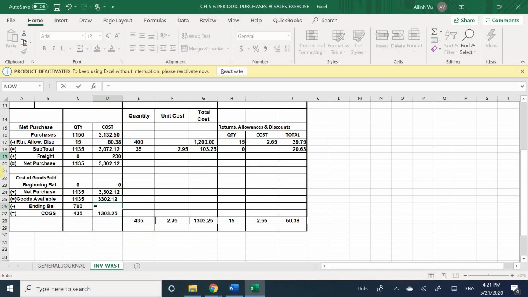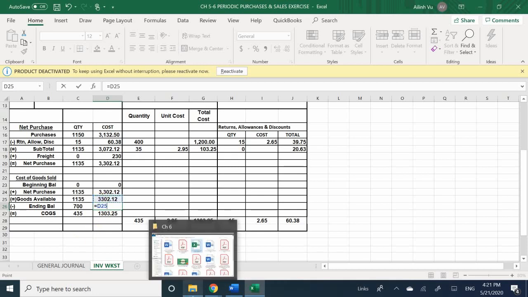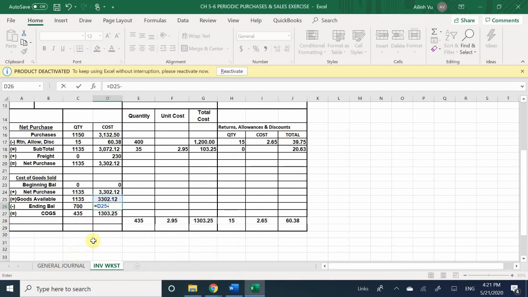I mean, how do we find our ending balance? Okay, you subtract 1303.25 from 3302.12. $1,998.77.